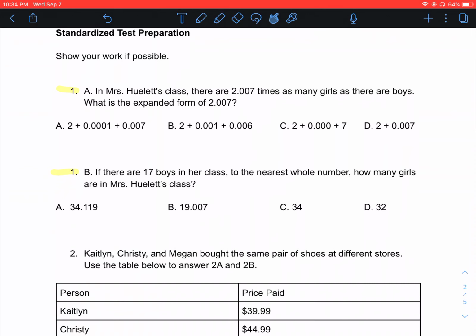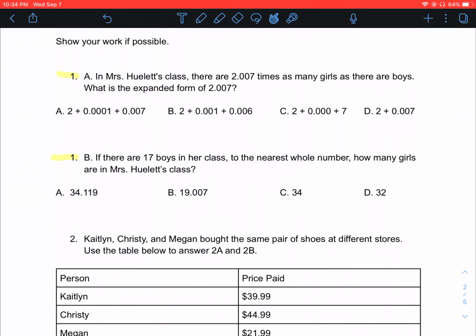So we're going to do a standardized test preparation. For number 1, it says, in Mrs. Hewlett's class, there are 2.007 times as many girls as there are boys. What is the expanded form of 2.007? So, just like we worked on in the first problem, we're going to write out all the digits.